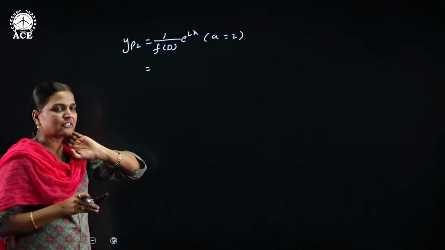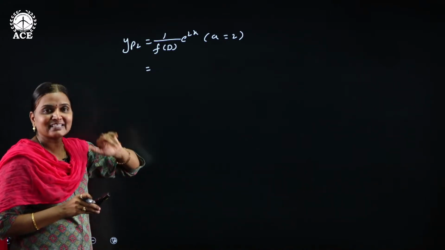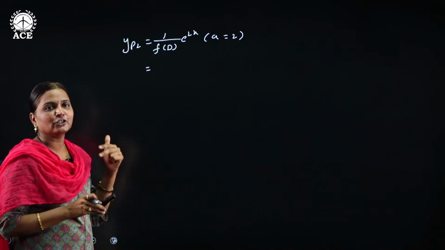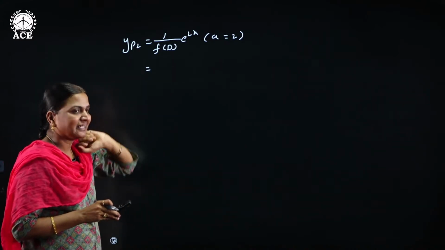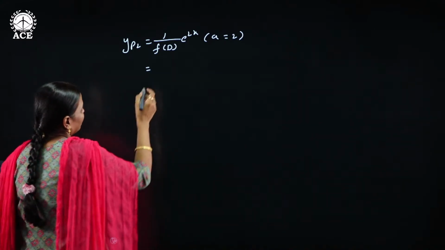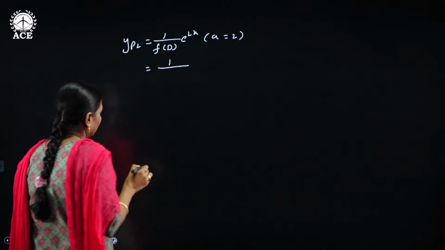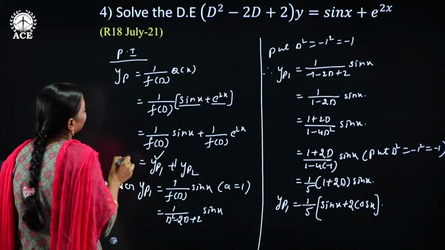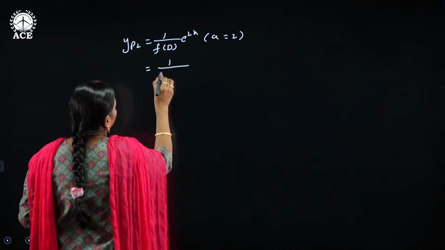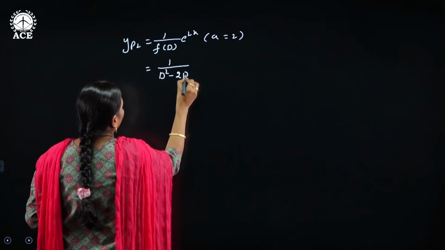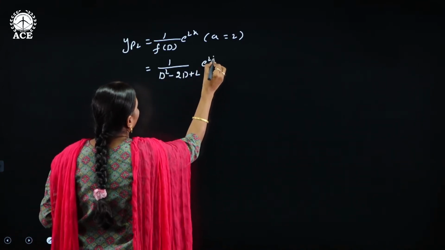Don't substitute D square by minus a square. The substitution is D equal to a. It follows method 1. So what is f of D here? F of D is equal to D square minus 2D plus 2, into e power 2x.